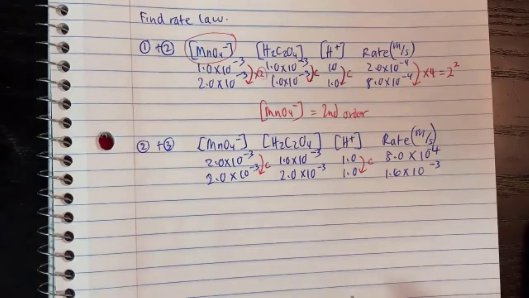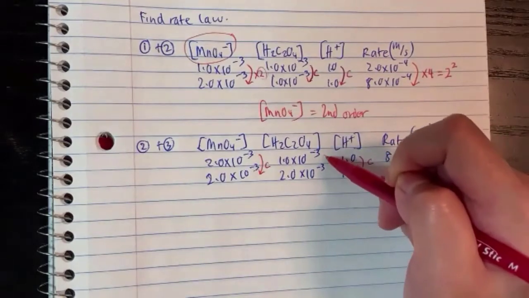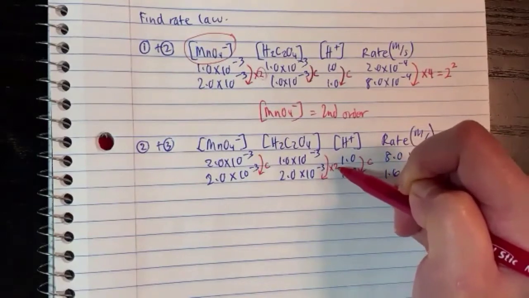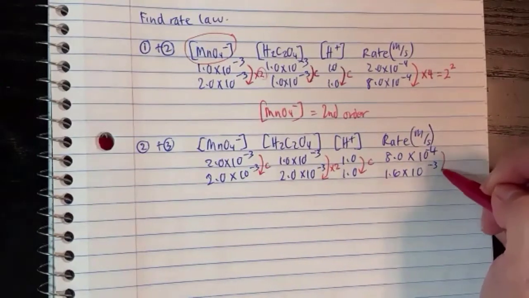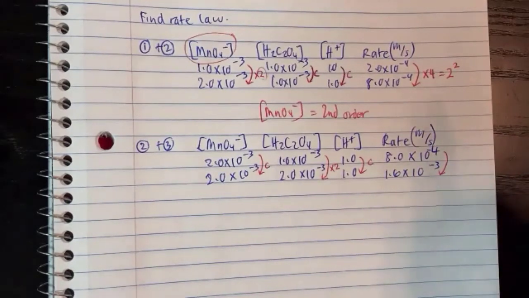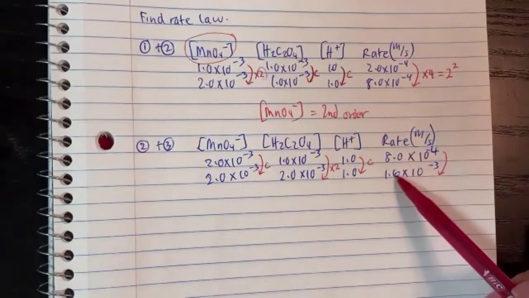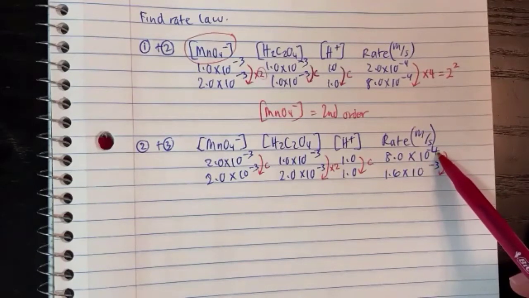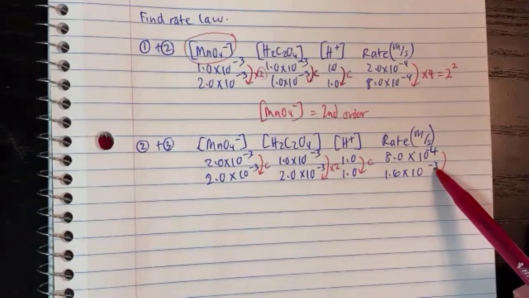So someone says first order, let's double check. So this is times what? Times 2, agree? What is this one, times what? A lot of people are like, what's 8 going to 1.6? But actually it's 8 going to 16, because you see how this is 10 to the minus 4 and it's 10 to the minus 3.